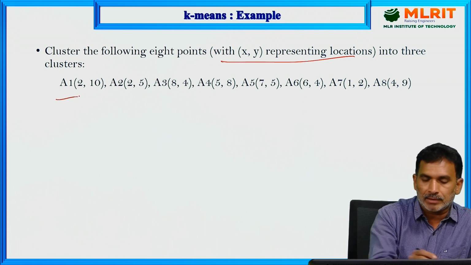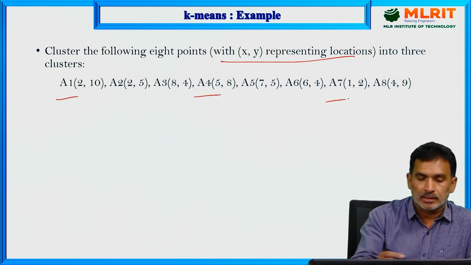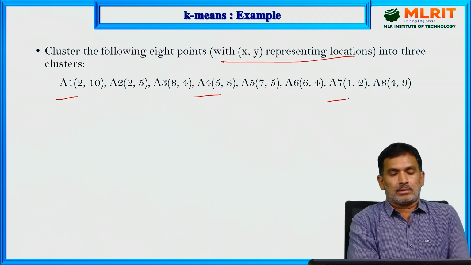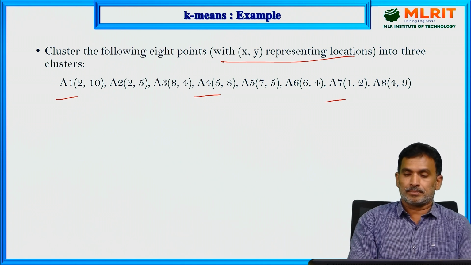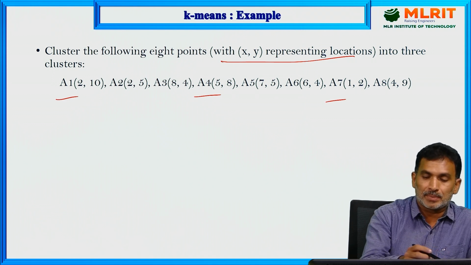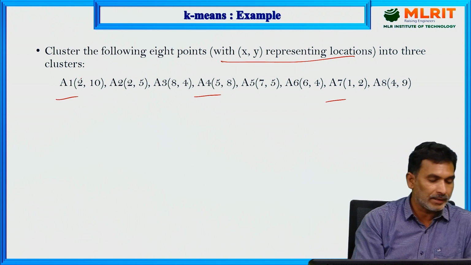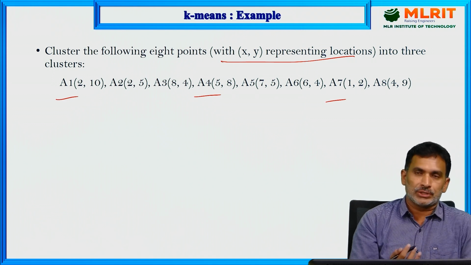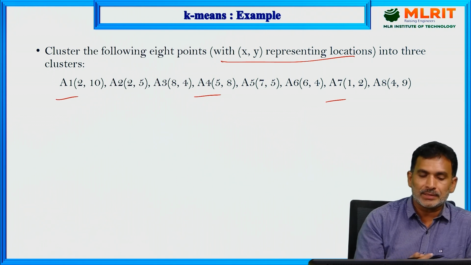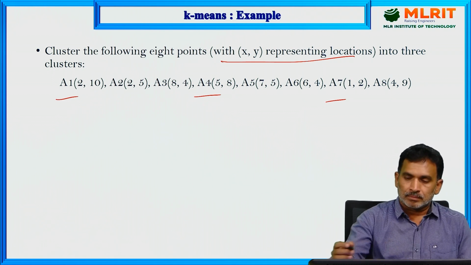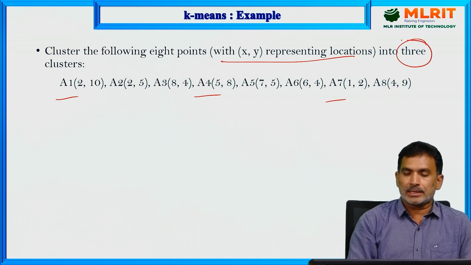Let us say A1 to A8. We have 8 data points, each represented in the form of X and Y, representing the locations. Now we have to group these data points into 3 clusters.